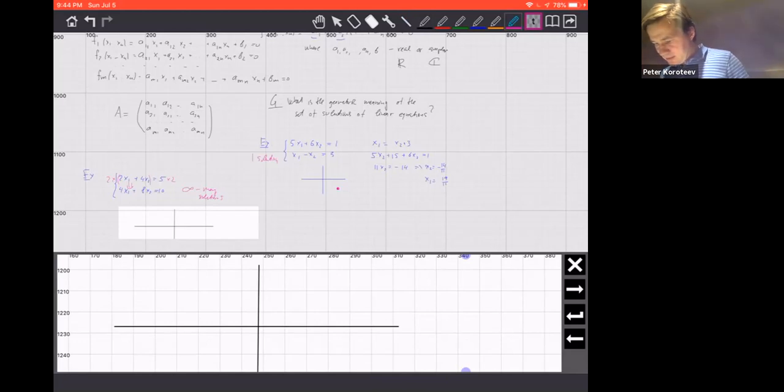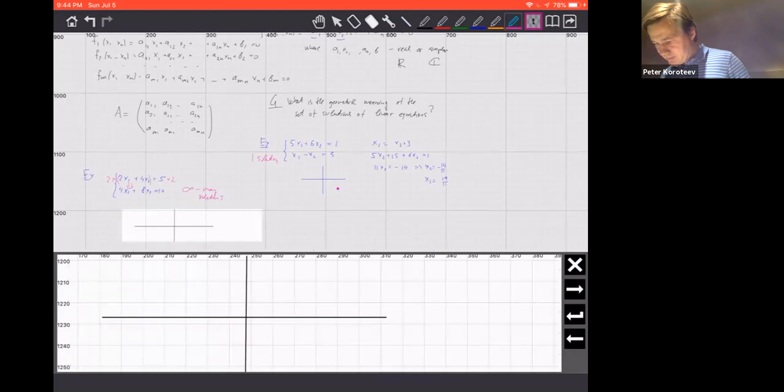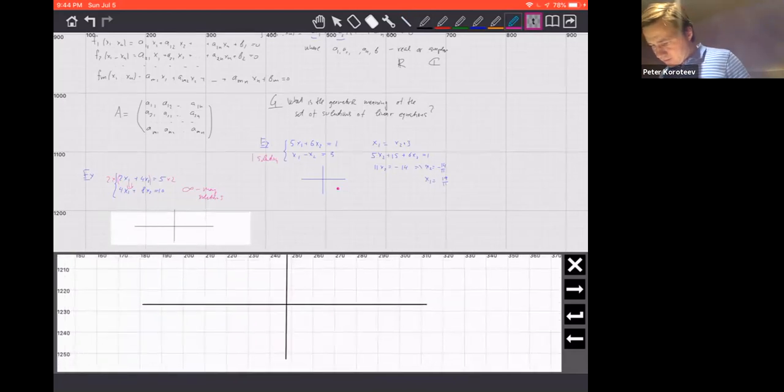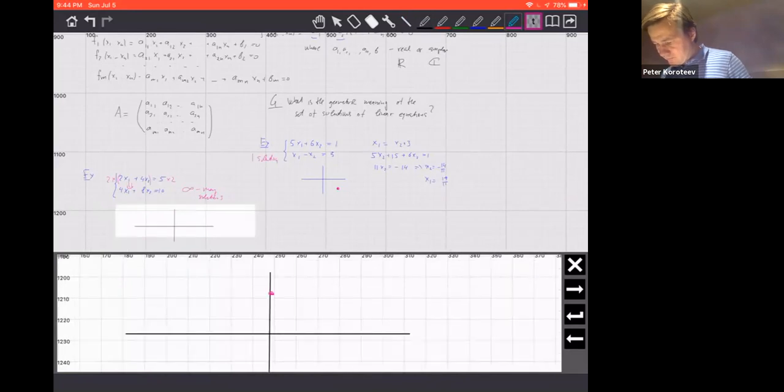When x1 is equal to 0, x2 is equal to 5/4, and when x2 is equal to 0, x1 is equal to 5/2. So the line goes like that, and every point on this line is a solution.